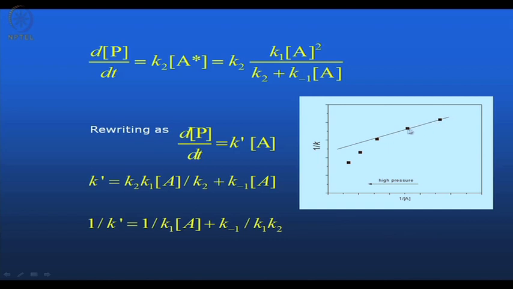It is not truly a linear plot; it maintains linearity up to a certain 1 by A value, and then it starts to deviate from linearity.